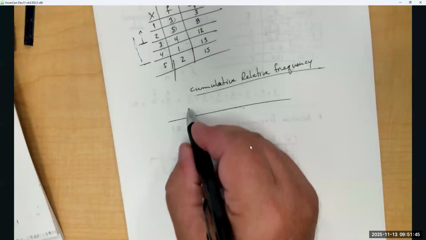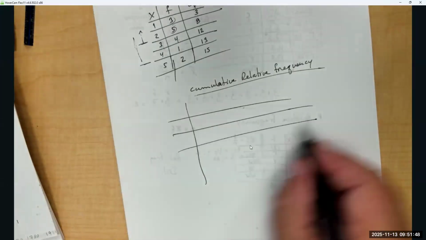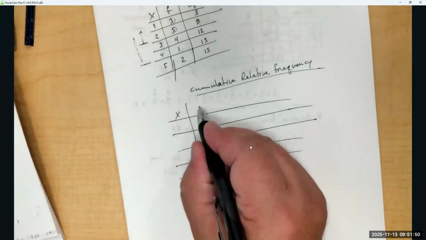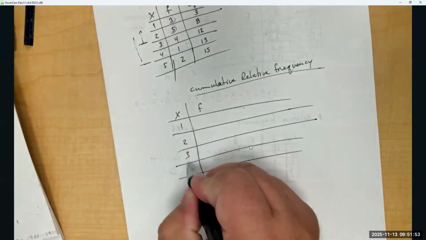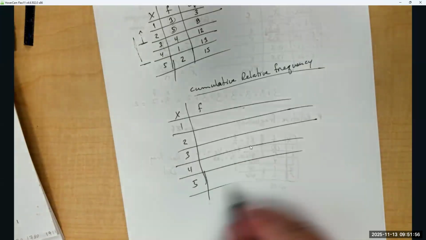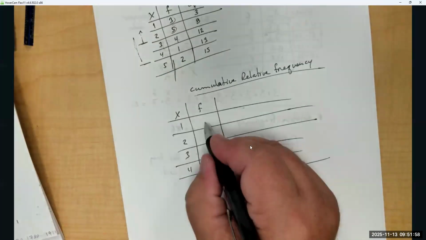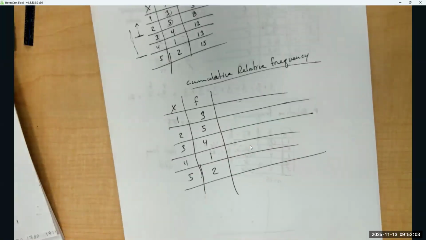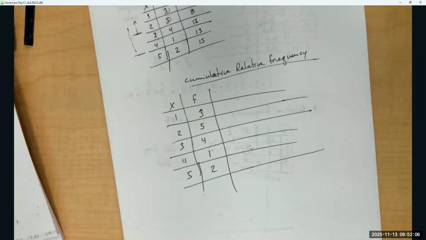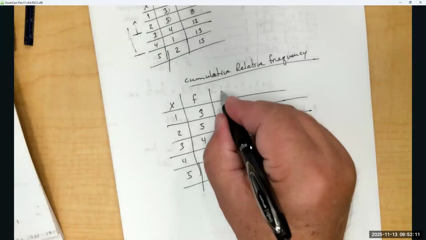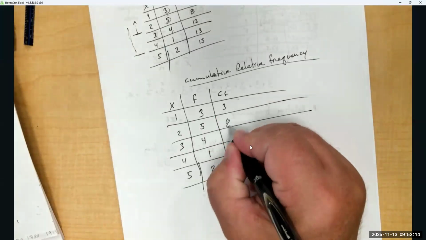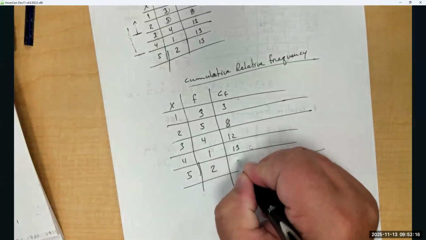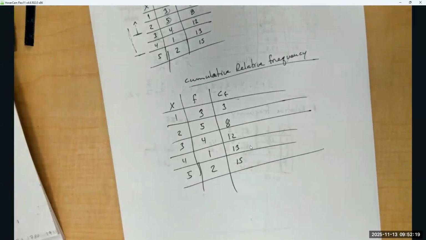So here, okay, so the cumulative frequency would be 3, 8, 12, 13, 15. So what would be the cumulative relative frequency?